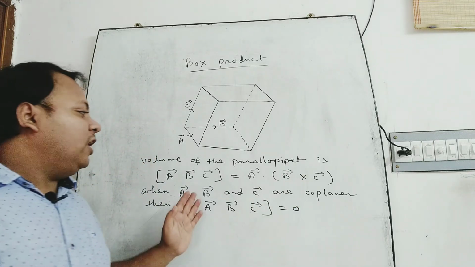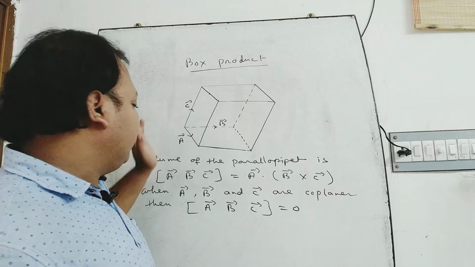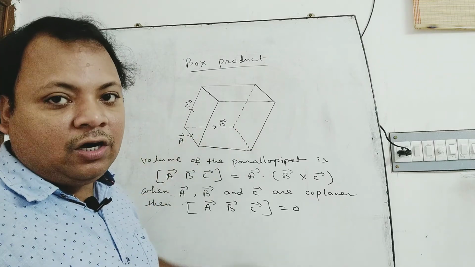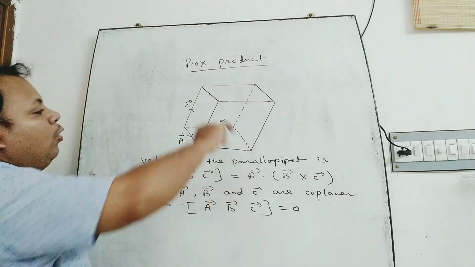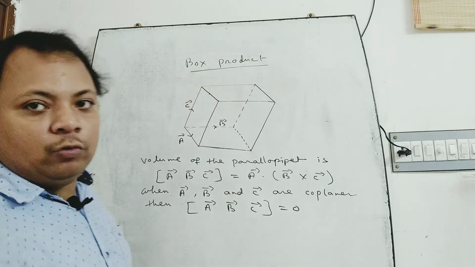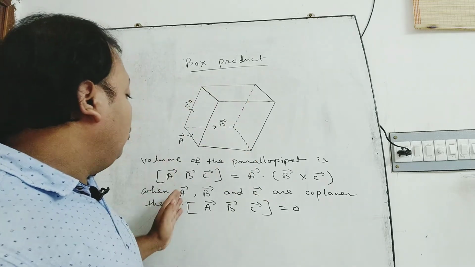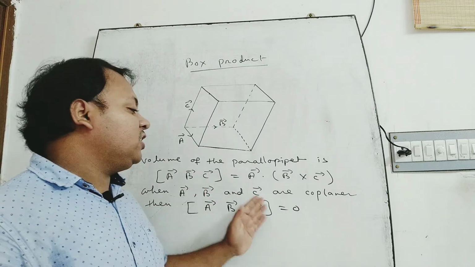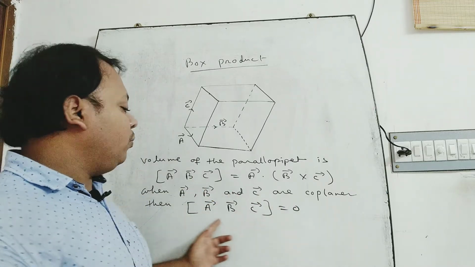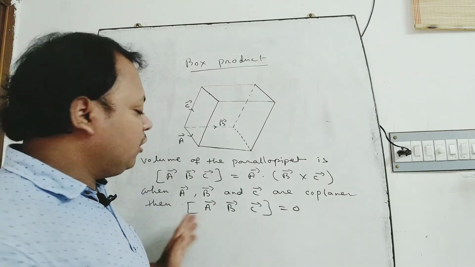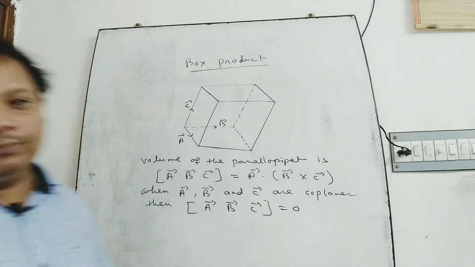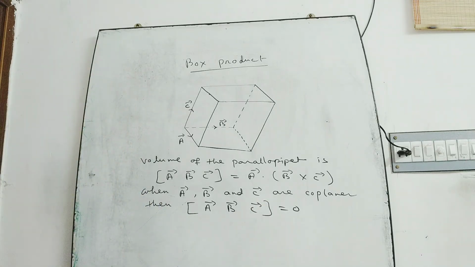When these three vectors, A vector, B vector and C vector, are coplanar, then the volume of the parallelepiped becomes 0. Therefore, when the vectors A, B and C are coplanar, box of ABC becomes 0.